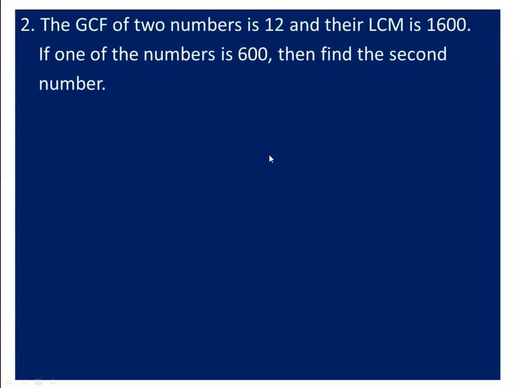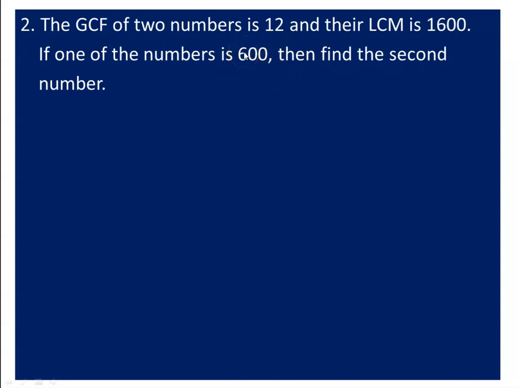Next from this we have another question. Look, question number 2 says you are given the GCF of two numbers to be 12 and their LCM is 1600. Now if one of the numbers is 600, the question is, what about the second one? Look, we have two numbers here, but one of these two numbers is already given, it is 600.